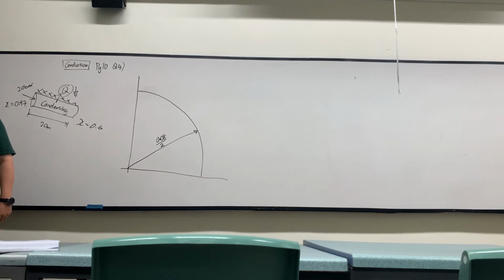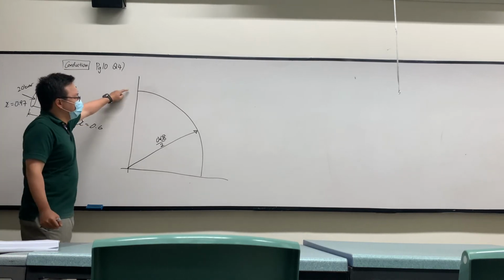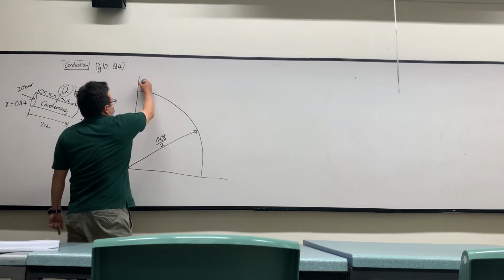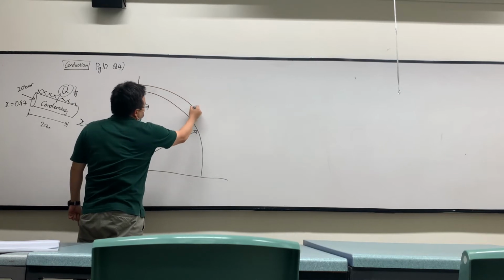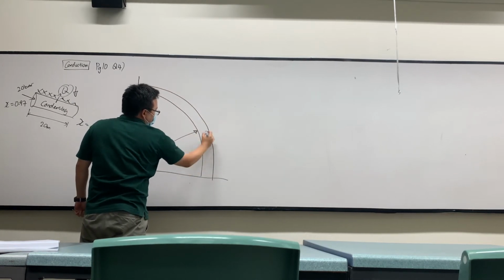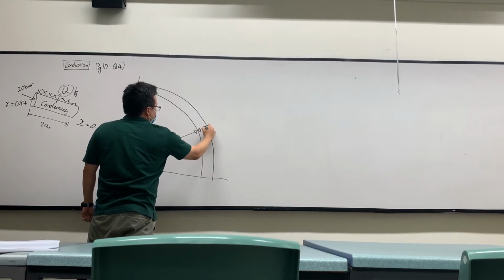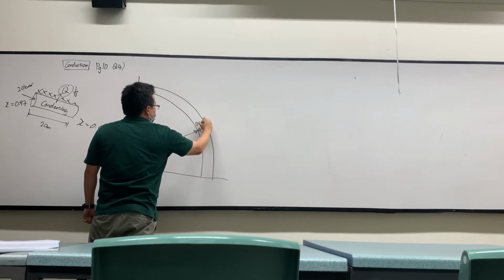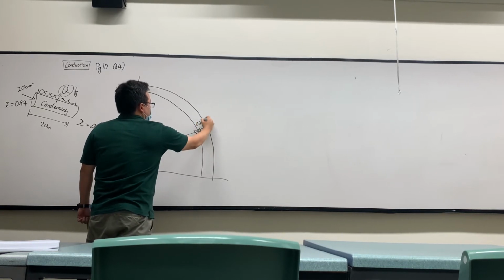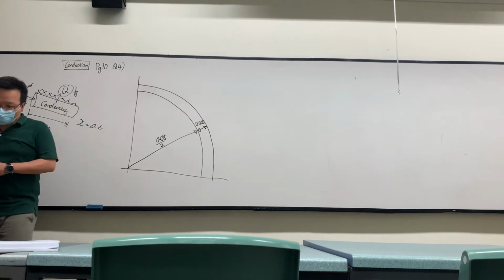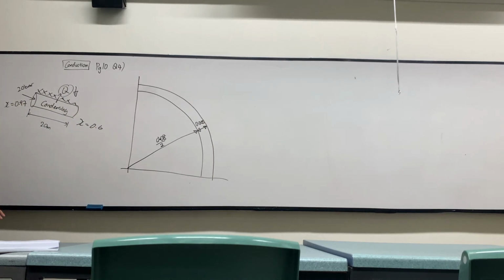Wall thickness of 5 mm, which means this is the hole, and this is the pipe wall itself. This one is 0.005, 5 mm. All clear with that?